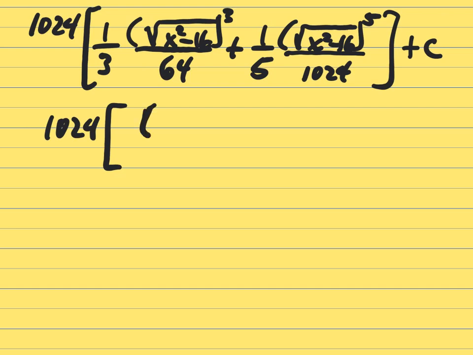Okay, on the numerator, a square root raised to the 3rd power can be written as a power of 3 halves. Three times 64, that's 192.